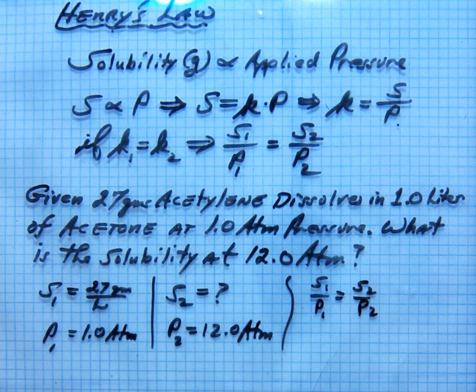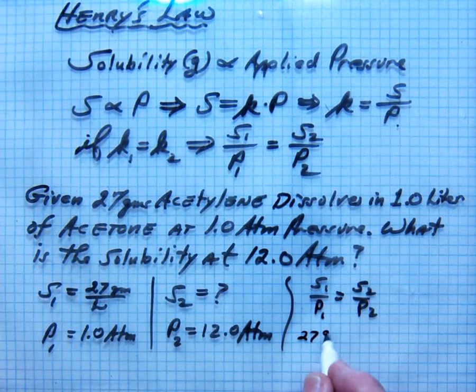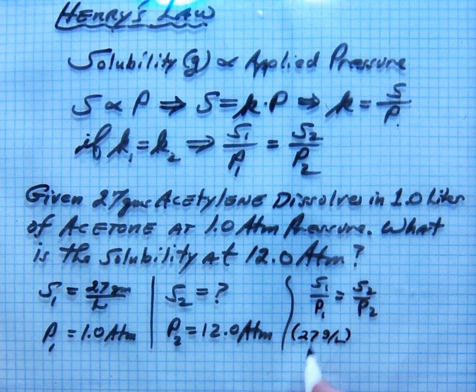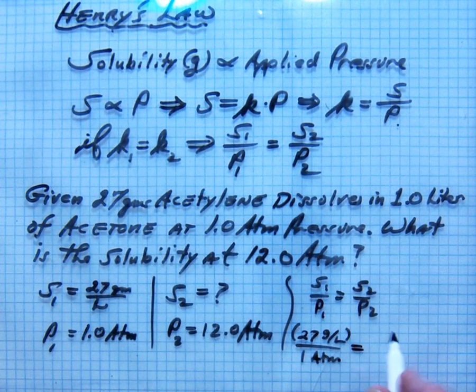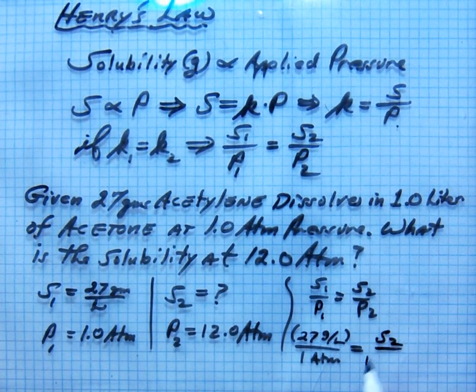Substitute your values and solve for the unknown: 27 grams per liter per 1 atmosphere equals the unknown solubility 2 at 12 atmospheres.